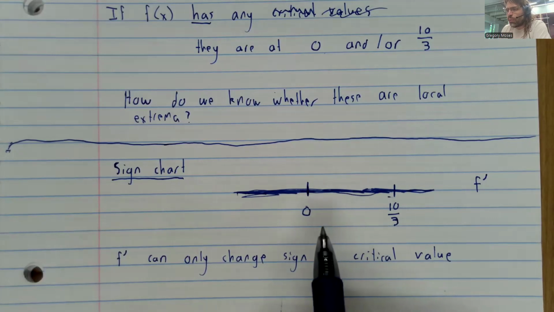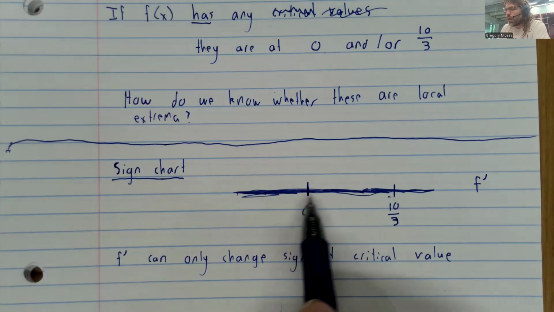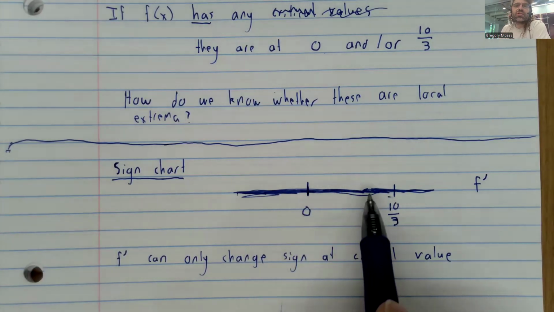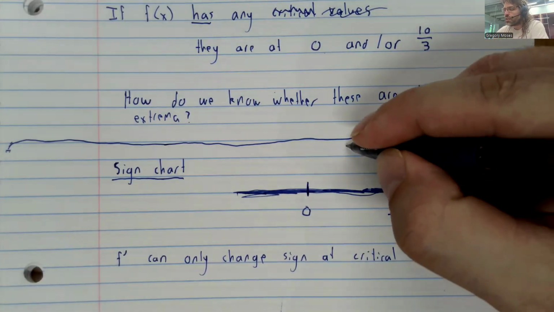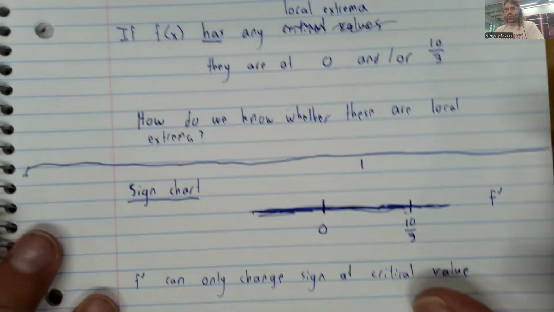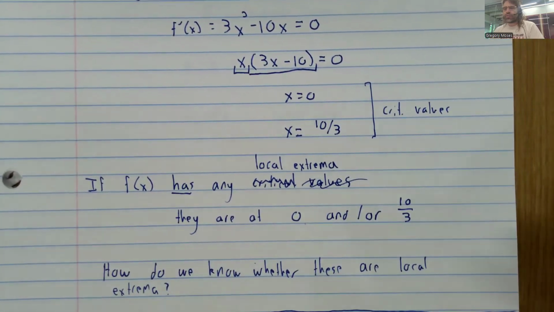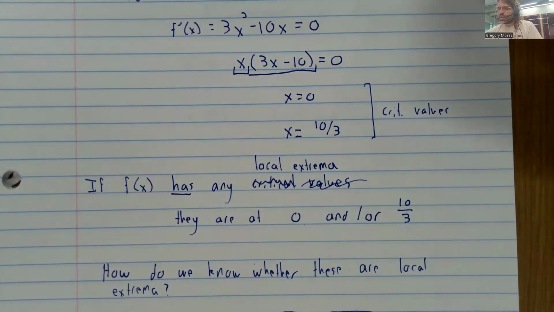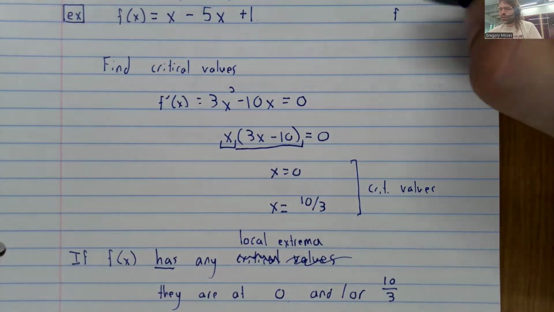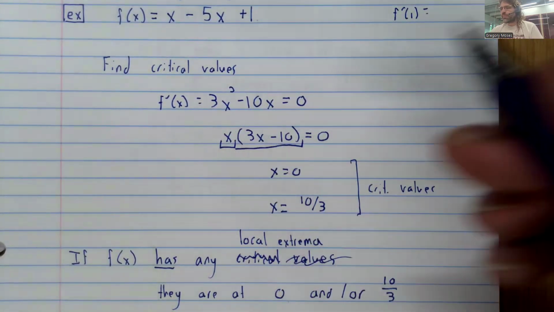So it's always positive or it's always negative. What's a number between 0 and 10 thirds? 1 is in this interval. Go back to the derivative. f prime of 1 is 3 minus 10.